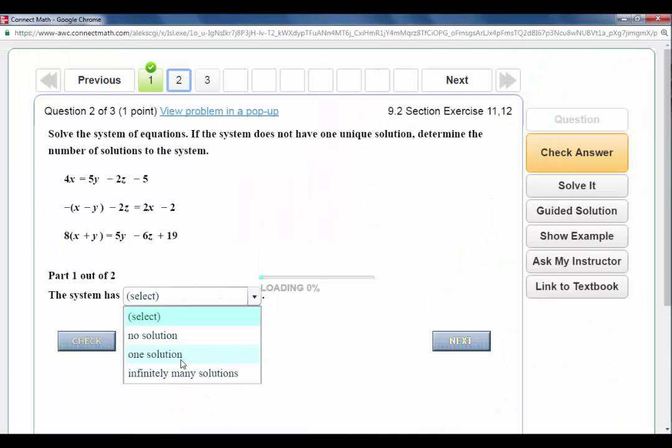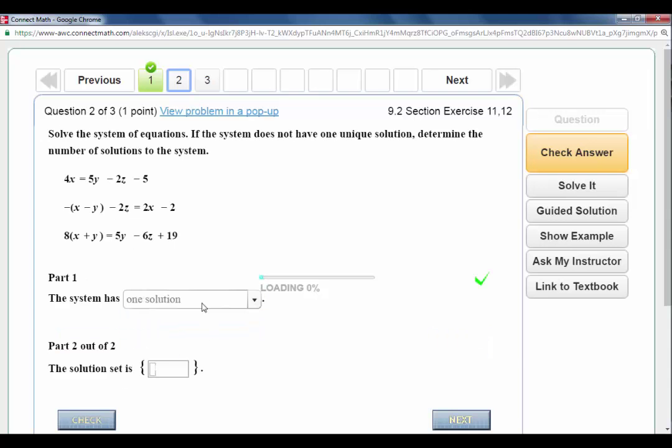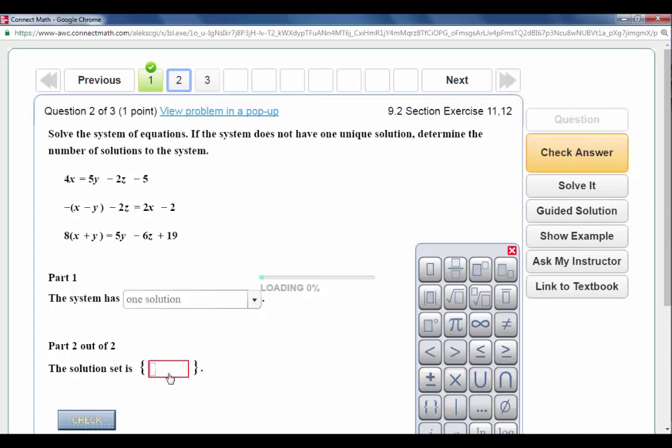All right, this one, how many solutions we get? One solution, check. And that solution had 3 components. One for x. I need your help. 5, 3, -5.